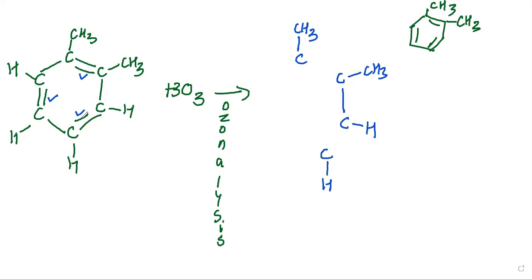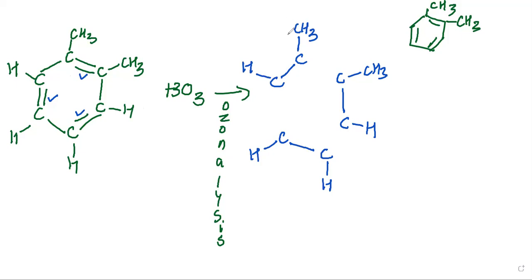This double bond is being broken. Then this carbon and carbon single bond is not going to be broken. And then we have a double bond here, which is going to be broken.